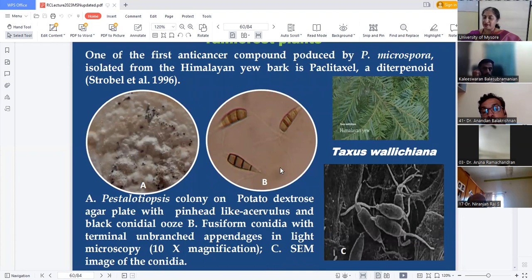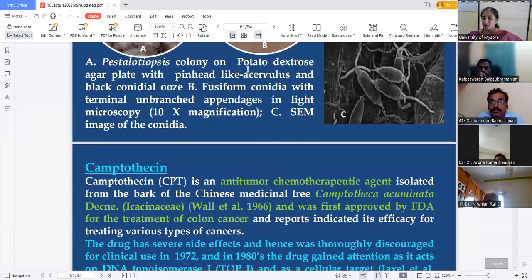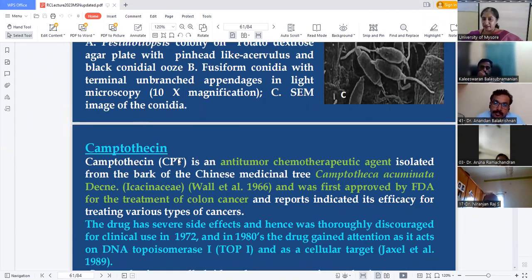It's called the rainforest endophyte because it has been isolated from almost all the rainforest plants around the world. A high level of generic and structural diversity, or species diversity, is represented by this Pestalotiopsis.